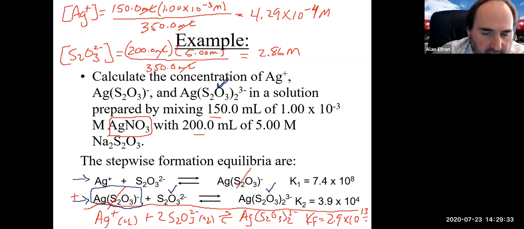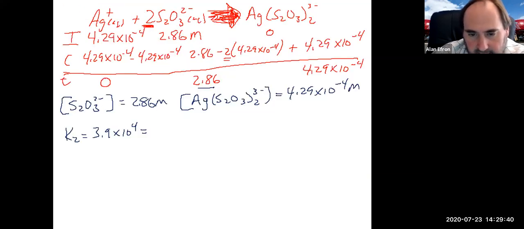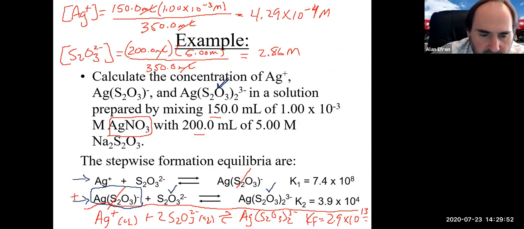So it would be our complex ion divided by these two species. Let me write that there. So it's going to be our complex ion divided by the one we're looking for, which is the silver with the one ligand attached.